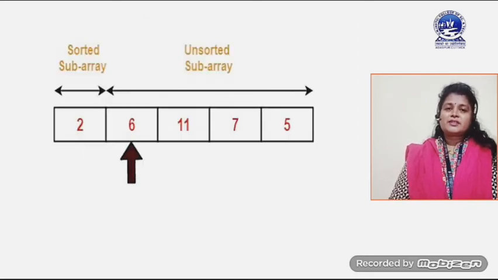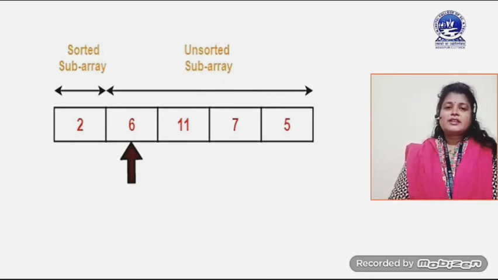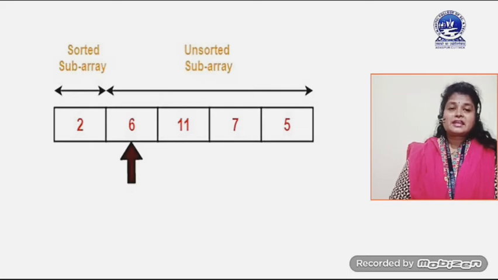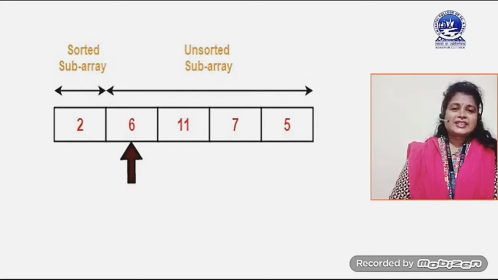In this way the list is divided into two parts. One is the sorted subarray, and the next one is the unsorted subarray. In the sorted subarray we got 2, and in the unsorted subarray we got 6, 11, 7 and 5. In this step we will take 6 and find the next smallest element by comparing with all other elements, and we got that 5 is the next smallest element.